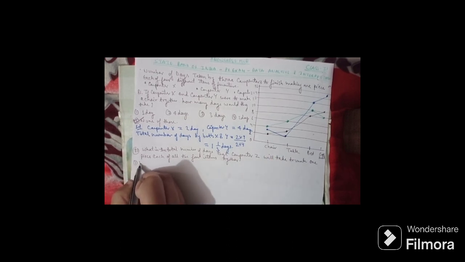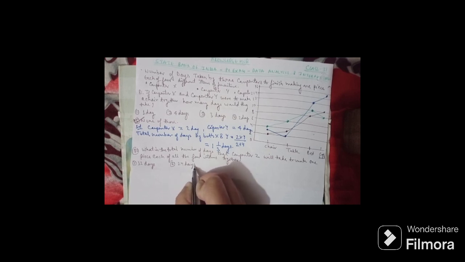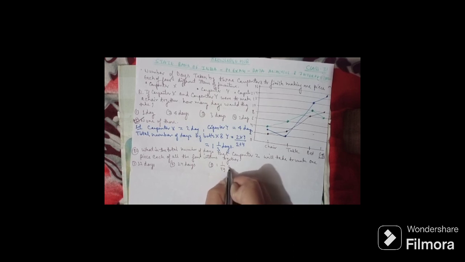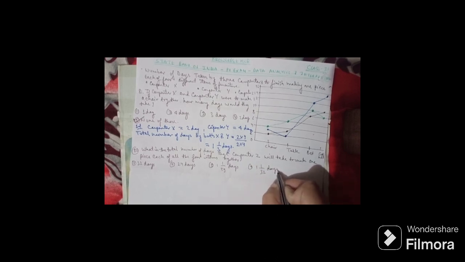Options are 32 days, 24 days, 1 by 59 days, 1 by 32 days, none of these. So let's go for it, and that goes as follows.